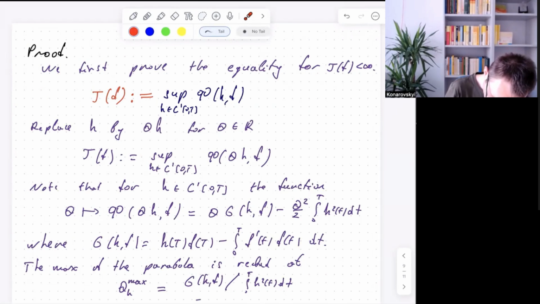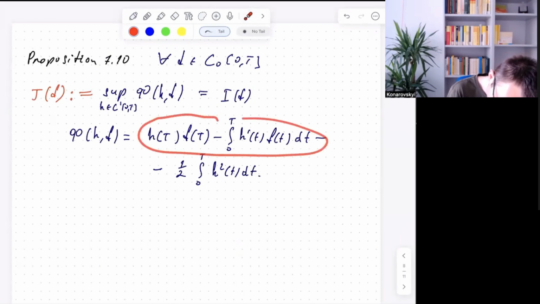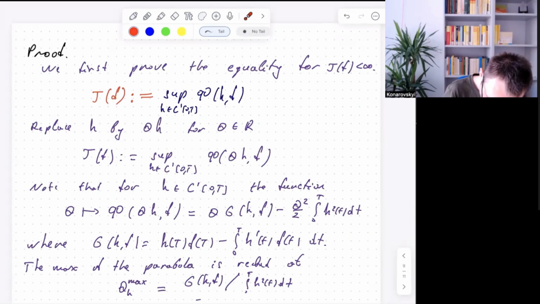Oops, I'm sorry, I made a typo here. Here should be h, right? Because as I said, this term comes from that term, and this is h prime.